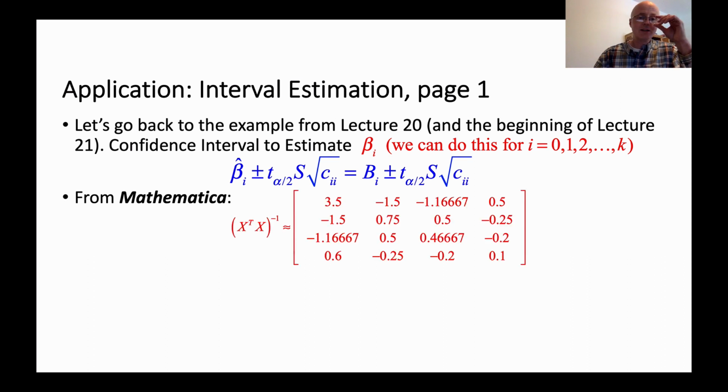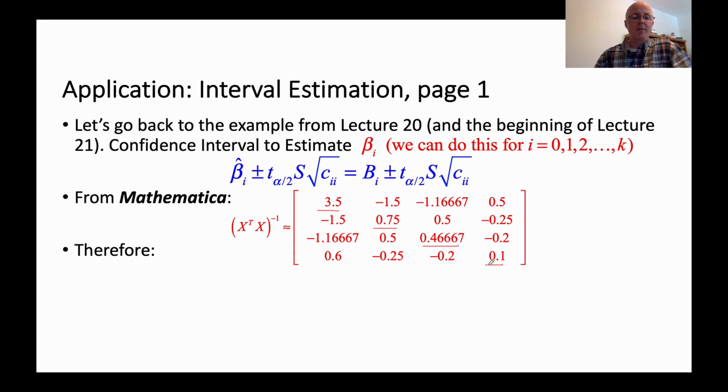I used Mathematica to compute X transpose X inverse and got this. I will show you the code here in a minute. So I'm looking at the main diagonal numbers here. These things are the CIIs. C00 is 3.5, C11 is 0.75, C22 is about 0.46 repeating, probably exactly 0.46 repeating, but we're rounding it to this.